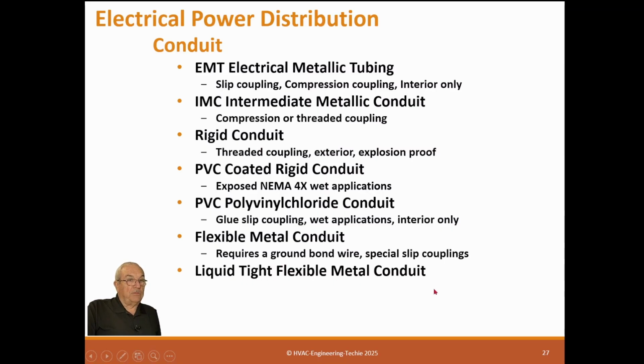Liquid tight flexible metal conduit requires special compression couplings that are designed with enough diameter to put the PVC coating of the flex conduit into there. Now, the one thing about liquid tight is it's designed for exterior use or wet environments to keep the water out of the conduit.